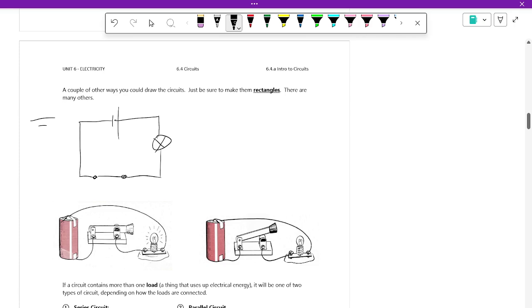Because you have to actually imagine turning the battery, which is a little hard. But if you imagine, if you turned this half a turn to the right, that's what you would end up with. You don't have to be able to do that. You just need to recognize that it is the same thing, okay? But you don't have to be able to do that, where you're actually imagining the battery going.